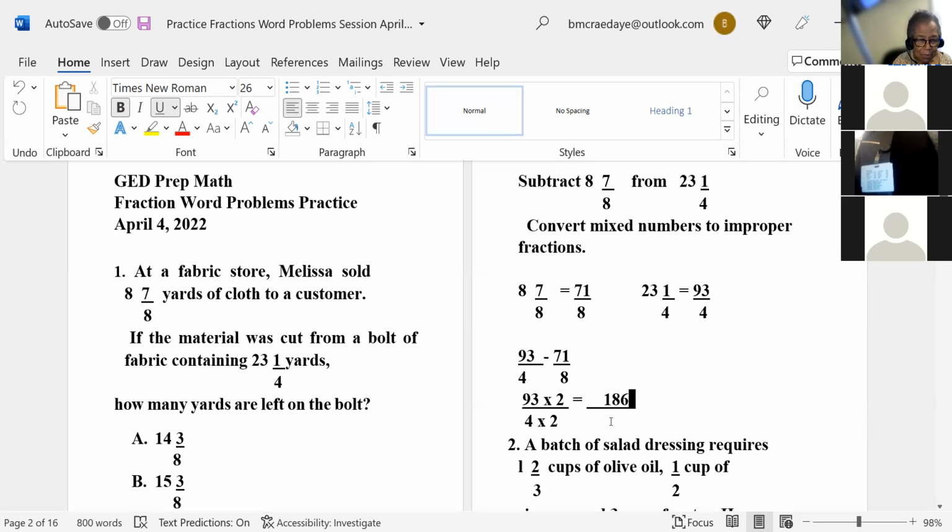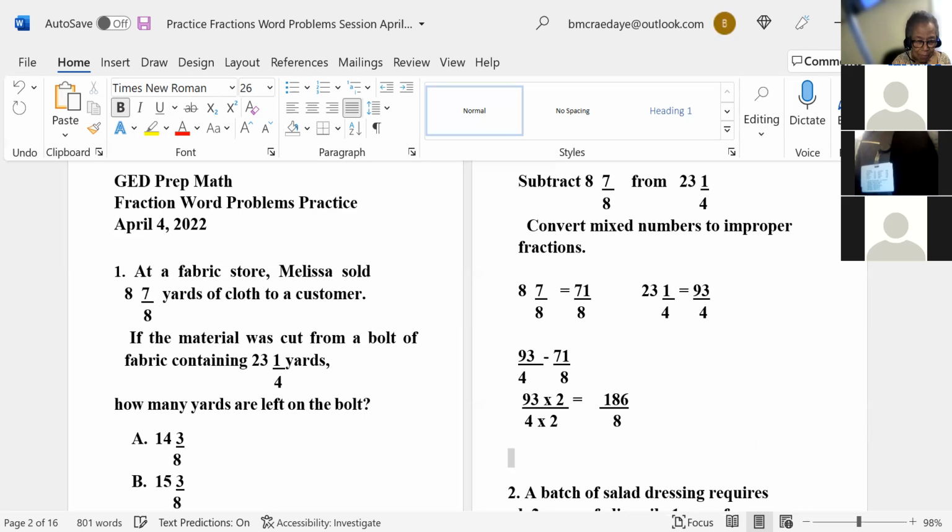And 4 times 2 would be 8. So now you have it all over 8s, right? So now you can do the subtraction: 186 over 8 minus 71 over 8.